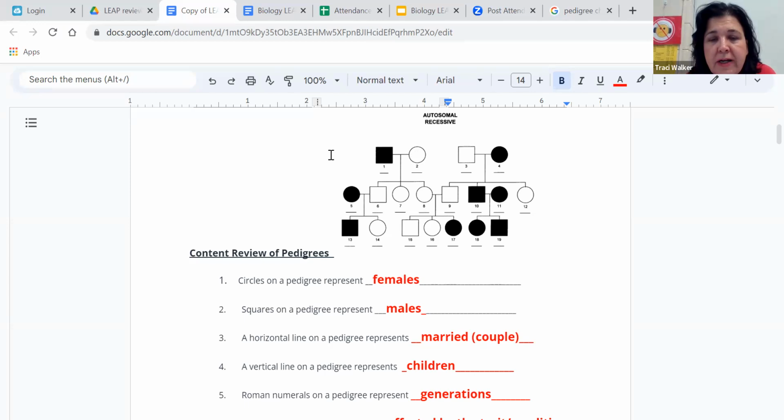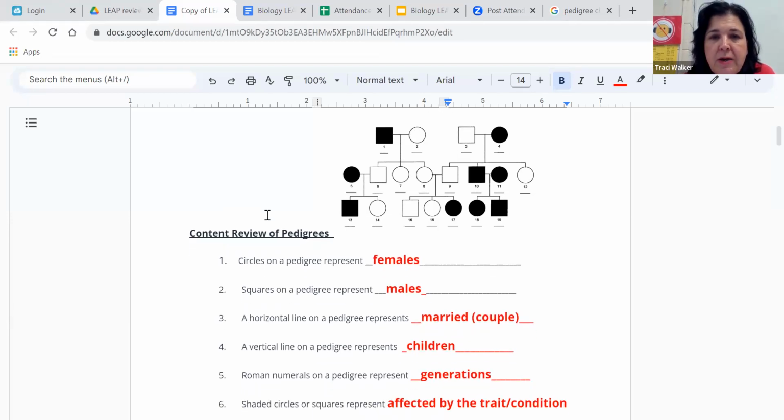Normally you'll have Roman numerals out here representing the generations. This one doesn't have it, but one that we'll look at later does have the Roman numerals. But we have 3 generations here. So this is the first generation, second generation, and third generation. If the circle or the square is shaded in dark, then that means that those individuals are affected.